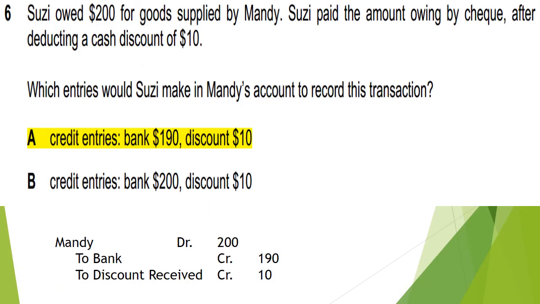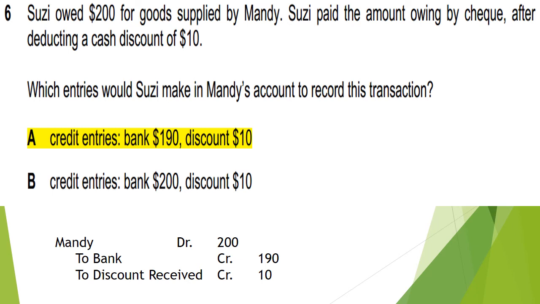And number 6 is, Susie owed $200 for goods supplied by Mandy. Susie paid the amount owing by check after deducting a cash discount of $10. Which entries would Susie make in Mandy's account to record this transaction? She will make Mandy debit because Mandy is her account payable, her supplier, her liability.